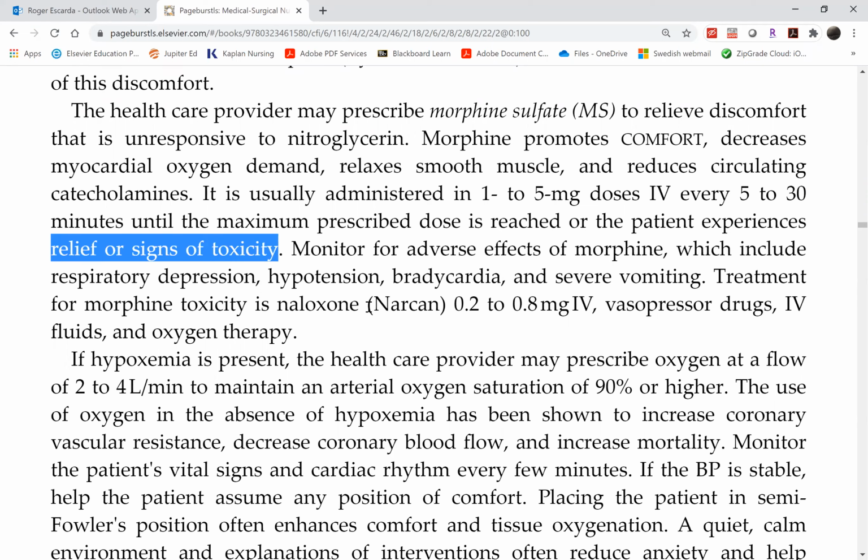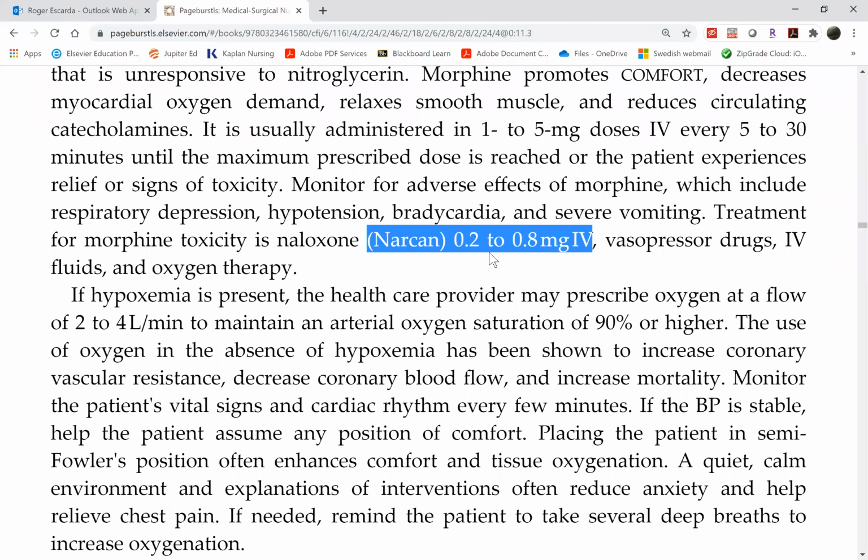But you have Narcan available. After you give Narcan, that will reverse all the effects of morphine, causing the pain to come back. So you're going to have to give morphine again.